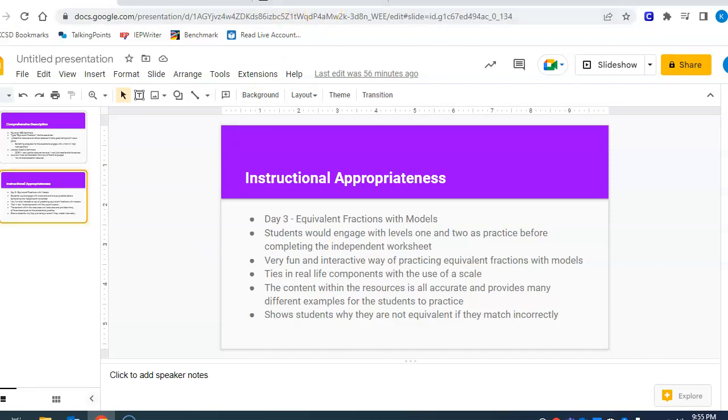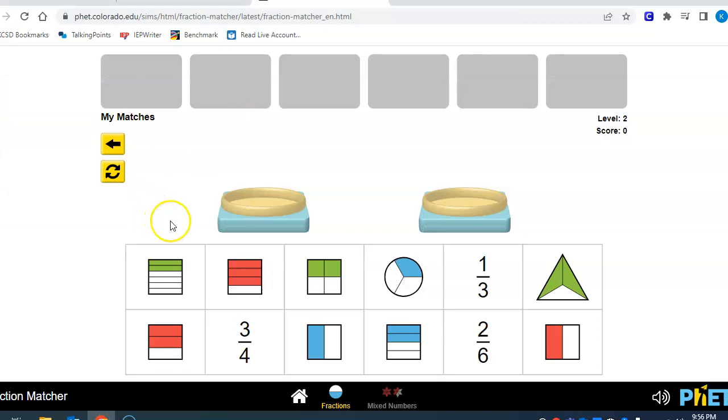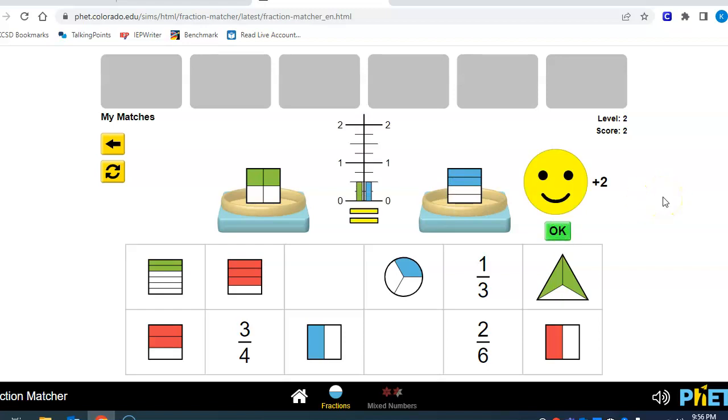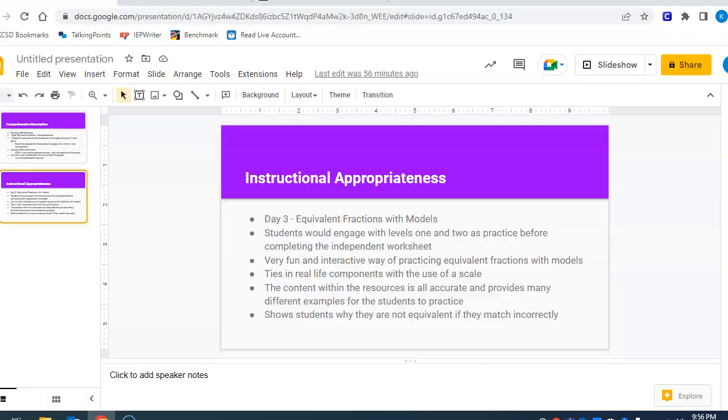And I also really like how the resource ties into real life. As you can see, if you drag two that match with each other, it shows that they are equal on both scales. And in real life, sometimes we engage with scales, so I really like how it makes that connection, which makes the content more meaningful and relevant to the students.